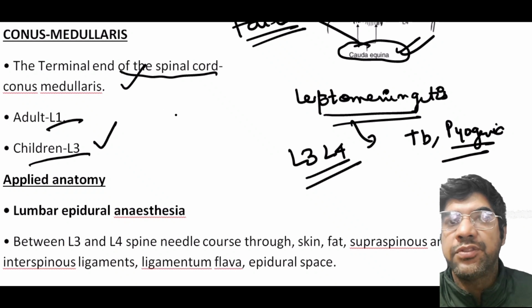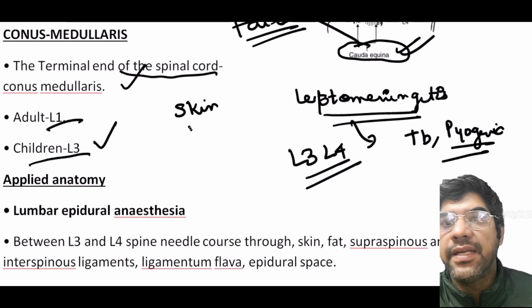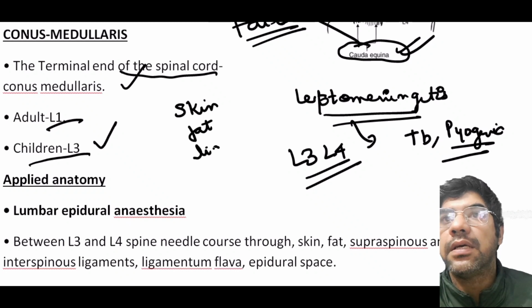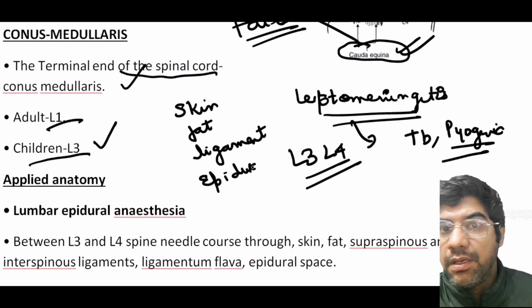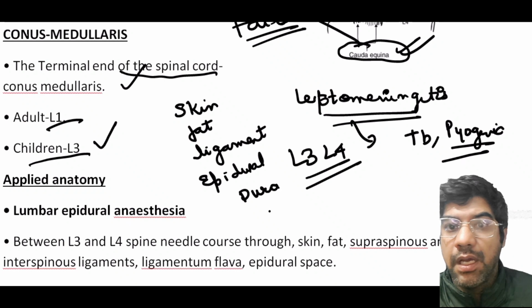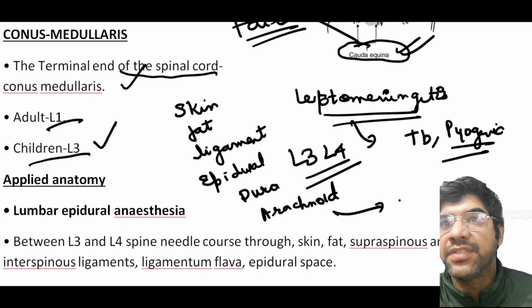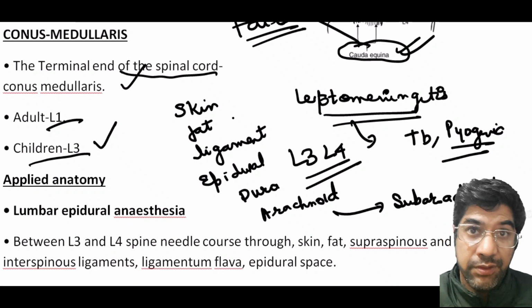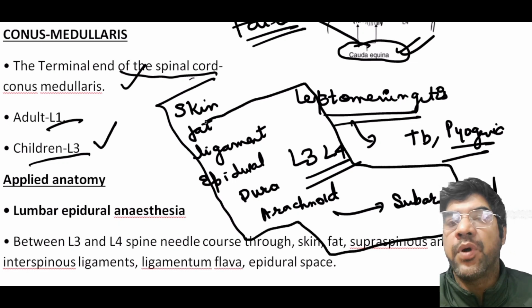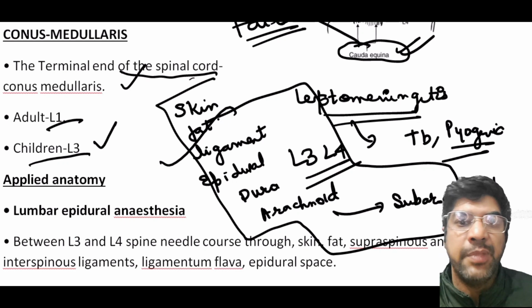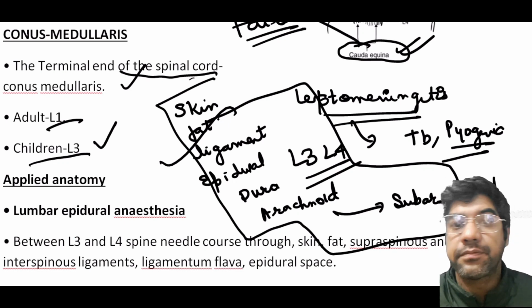The needle would pass through skin, fat, ligament, epidural space, dura, arachnoid, and last the subarachnoid space to release this CSF. This needle pathway is important from your exam point of view. It has been asked many a time in exams.